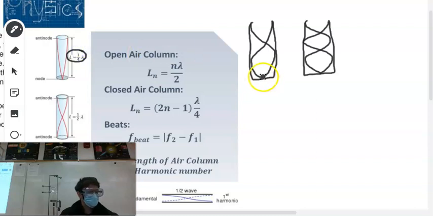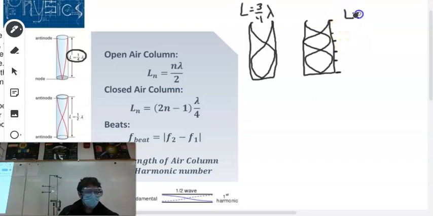This one, we go half and then another quarter. So the length of that air column is equal to 3/4 of a wavelength. And the next one, well, from here is 1/4, a half, 3/4, 1, and 1 1/4, or 5/4.